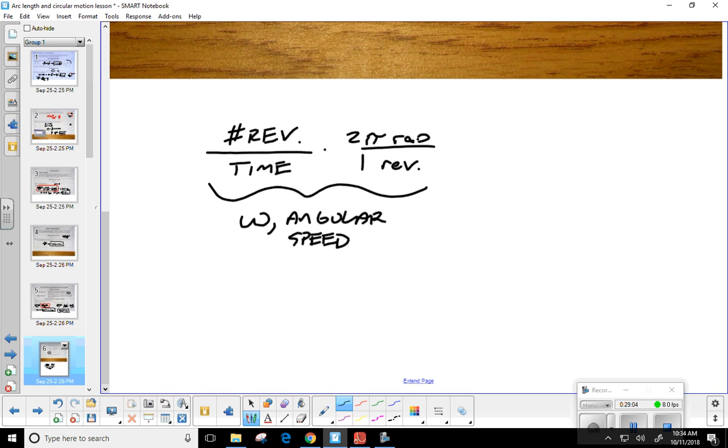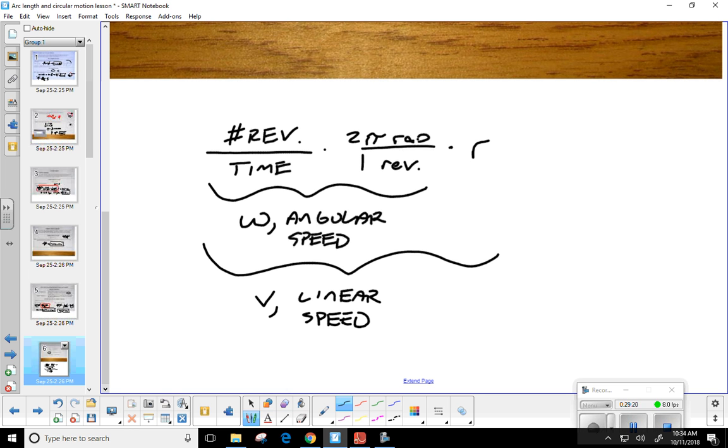The second I take the angular speed and multiply it by the radius, that now becomes linear speed because now I have a unit of measurement here. So v is my linear speed. Okay. So all these problems are really going to be very, very similar to each other. If I take angular speed and multiply it by the radius, you will have linear speed.